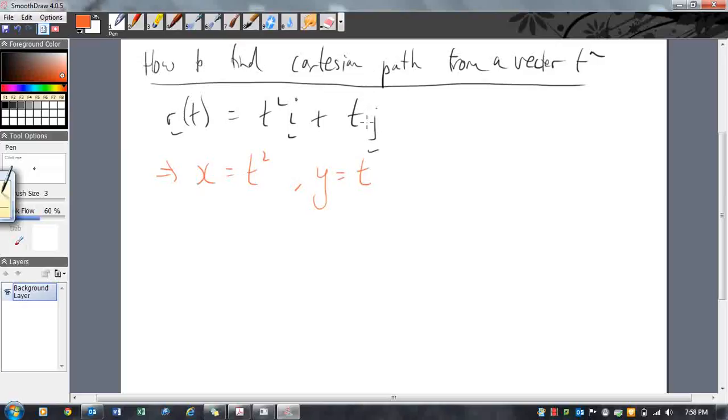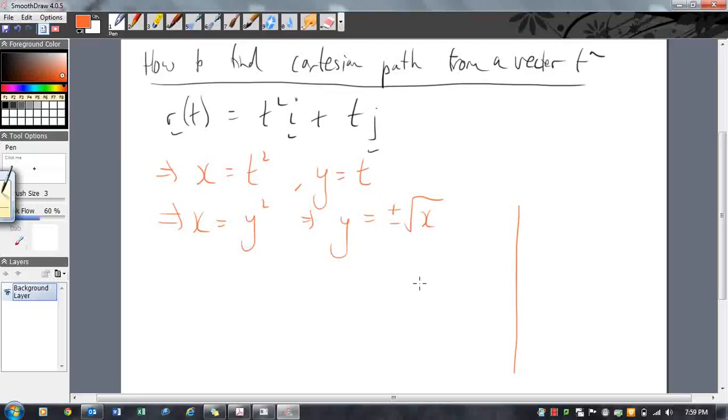We want a Cartesian equation which only involves x and y, so we can do simultaneous equations with these and figure something out. Let's eliminate t here. Instead of having x equals t squared, I'm going to substitute in this value of y. Now y is equal to t, so x equals y squared. So the Cartesian equation is y equals plus or minus the square root of x.